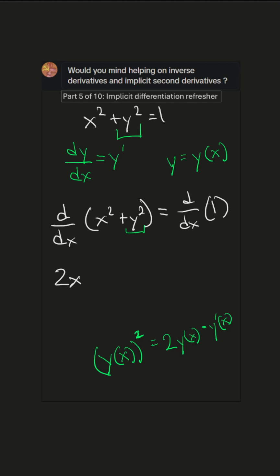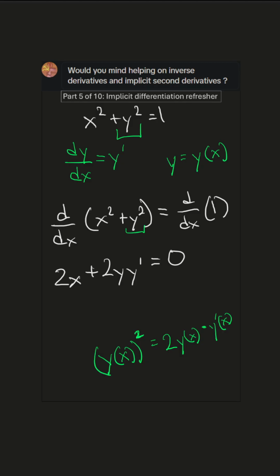So that's just the normal chain rule. Differentiate the outside, multiply that by the derivative of the inside. All right. So that means we have 2x plus 2y y prime. And then on the right-hand side, the constant goes away.